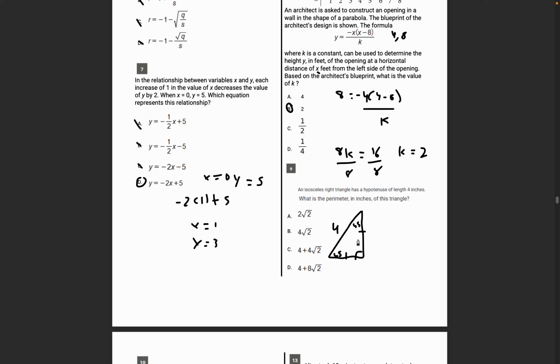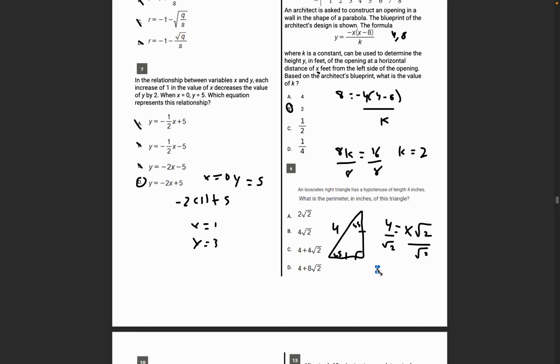45, 45, 90. So they gave me this hypotenuse. So 4 is equal to x root 2. Divide by root 2. We're trying to find the side x. Okay, and we see here we have to rationalize this.